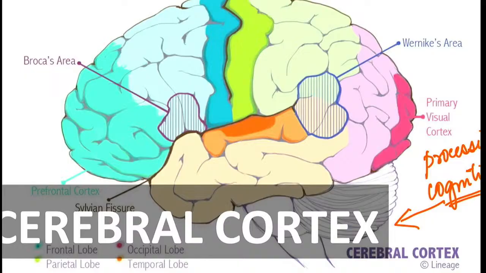Okay, you can see a central sulcus, the one which I am just right now marking in red. That is the central sulcus, the groove that separates the frontal as well as the parietal lobes. The groove that separates the frontal and the parietal lobe is known as the central sulcus.